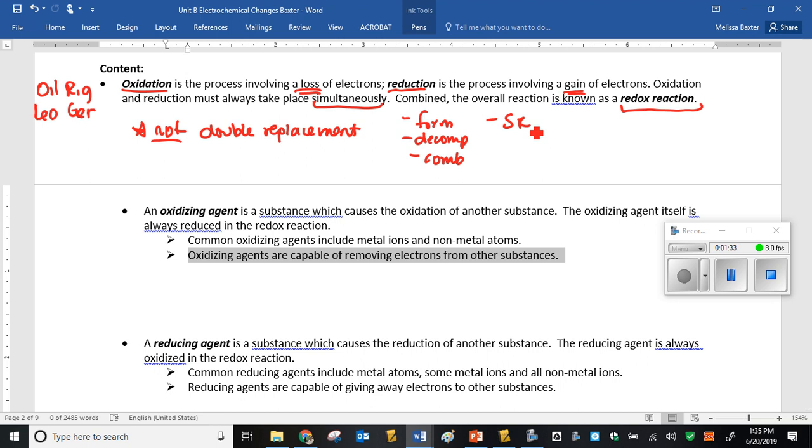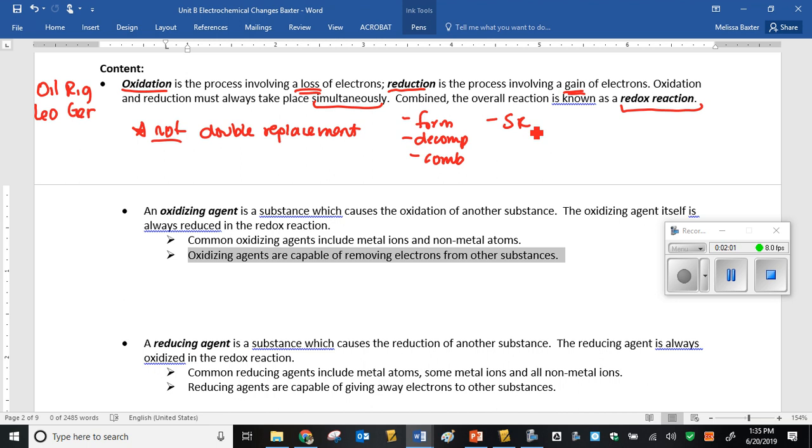In a formation reaction, you have elements going together to make a compound, and elements have 0 as their oxidation numbers and compounds don't, so that one is an easy one to identify. Decomp is just the opposite of that. Combustion always has oxygen as an element going to oxygen in a compound. Oxygen will always be the oxidizing agent in a combustion reaction. And then if there's a single replacement one, it would be as well.